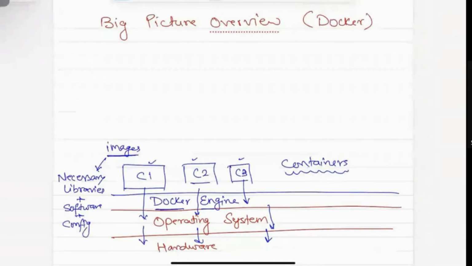If we can create images, the Docker engine can allow us to run the images and they become containers, and containers get an illusion that they are running on dedicated hardware of their own. That way we can run multiple containers on a laptop, giving an illusion we have multiple laptops, and it becomes very easy for us to simulate what we want to simulate.